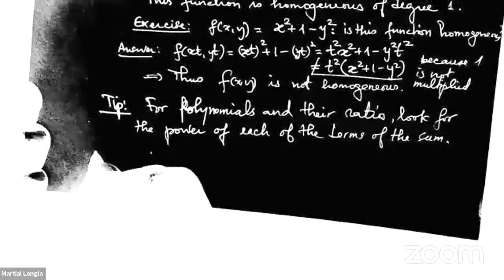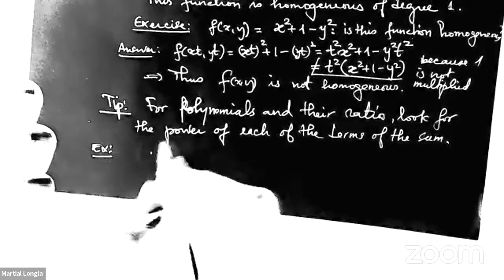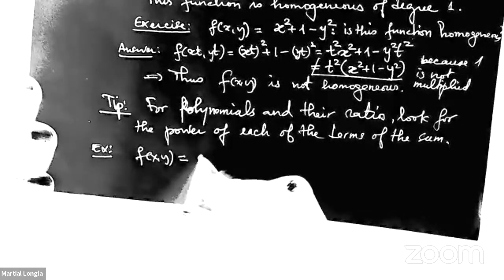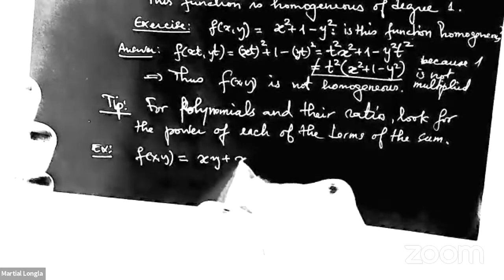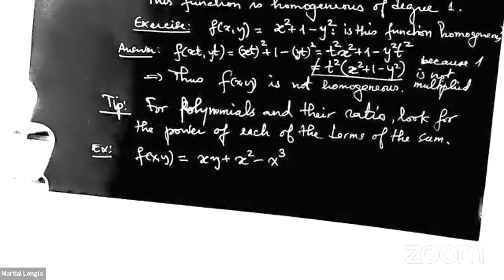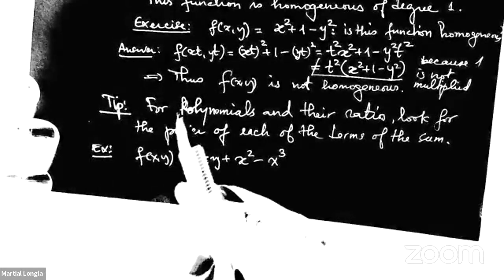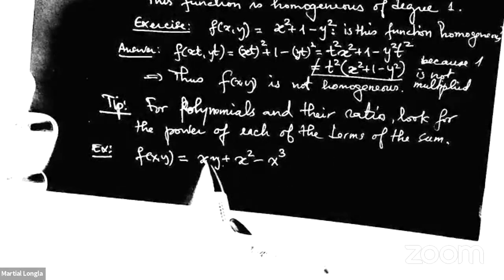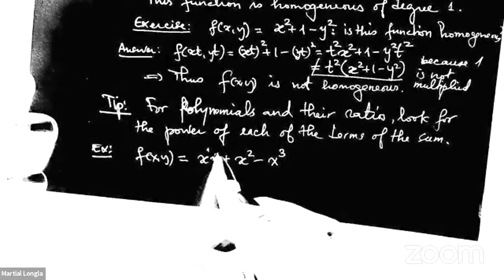Example, say f of x, y equals xy plus x squared minus x cubed. I would say the power of this thing, look how I count the power. This is x to the power 1, y to the power 1.